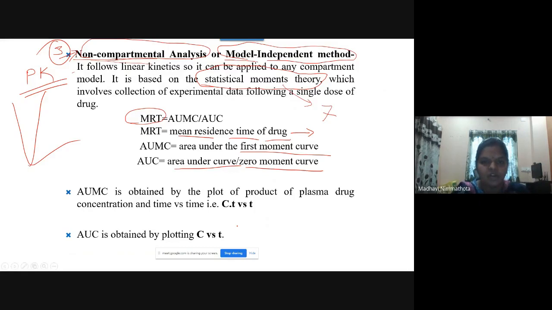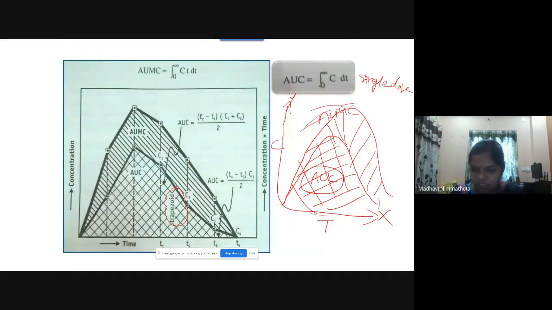There is no need to learn all these derivations here. I will tell you in the seventh unit. You just need to know the statistical moment theory and the MRT equation: mean residence time equals AUMC divided by AUC, the area under the first moment curve.